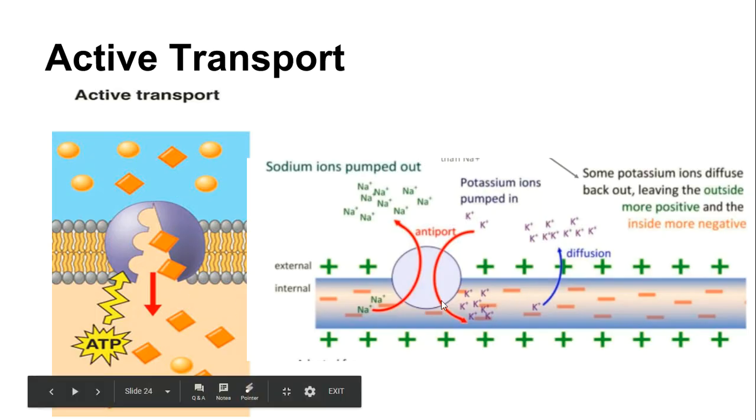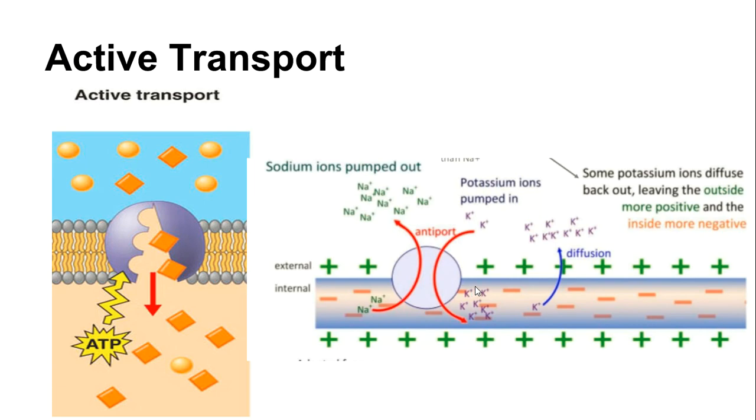Now, the classic example of this and where it's so important is in your nervous cells, in your neurons. So as you send an electrical impulse, you're really sending that impulse through ions. So we build up voltage on the inside by opening a channel and letting sodium flood in because sodium's crowded up here.